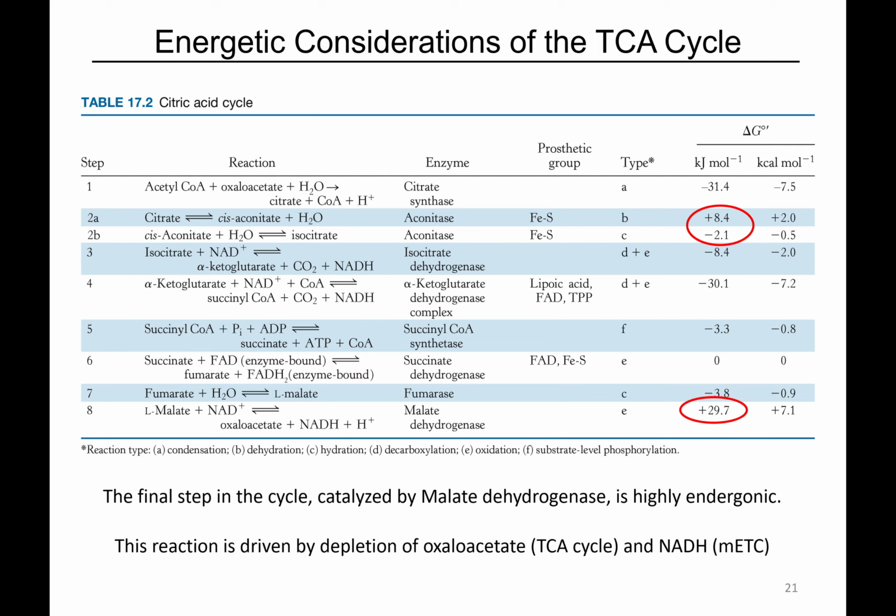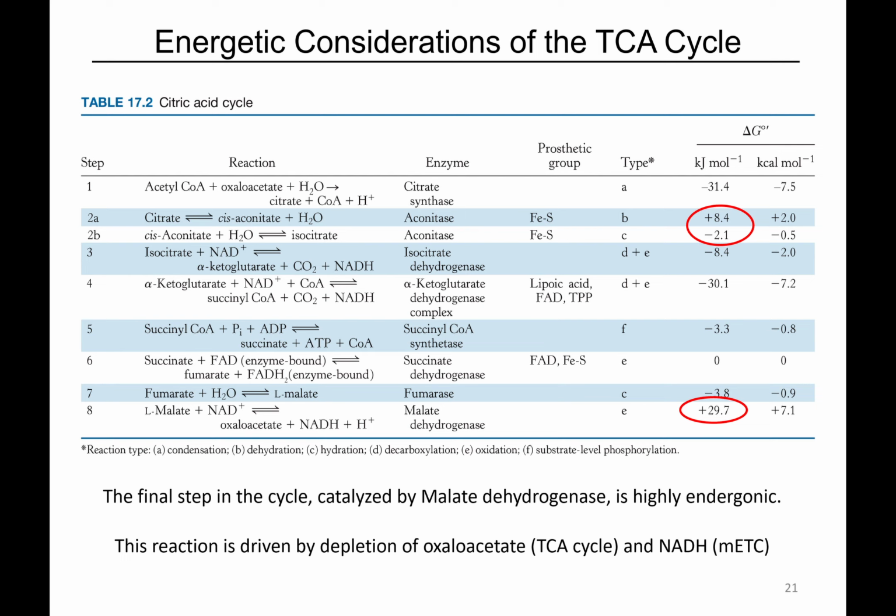So the idea here is that the previous step is spontaneous enough that we start building up lots of products, or for the aconitase reaction, those are reactants. Because the previous step is spontaneous, we have a buildup of the reactants of the aconitase step. And because the next steps are very, very spontaneous, we have a depletion of the products. So we have a buildup of reactants, a depletion of products, which is going to push this non-spontaneous reaction forward.